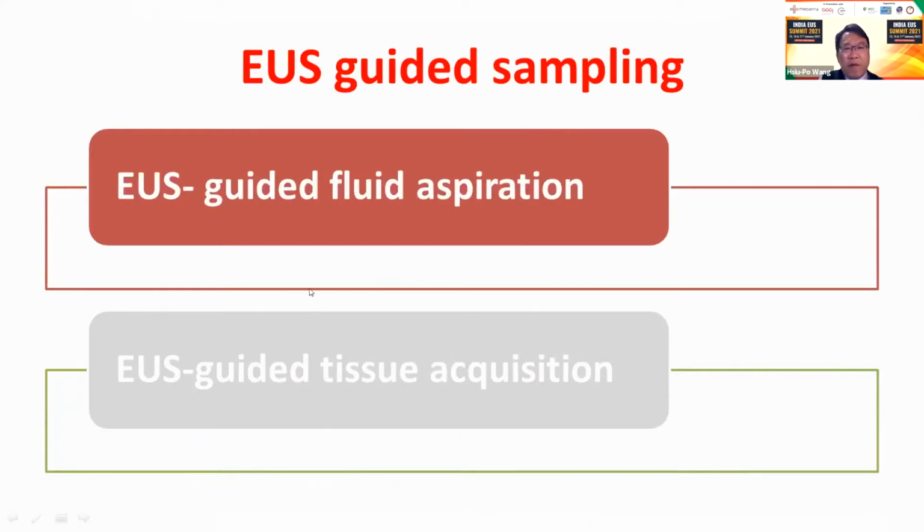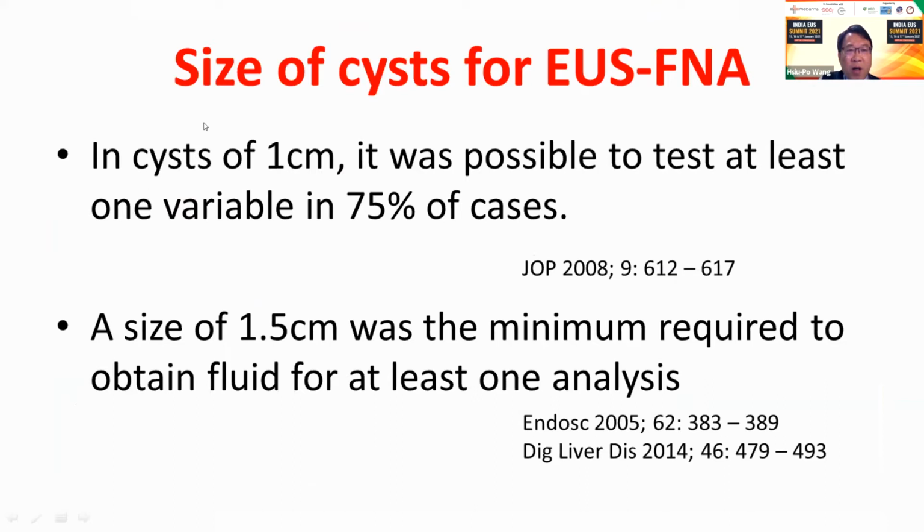So EUS sampling includes fluid aspiration and tissue acquisition. About the fluid aspiration, what is the cyst size suitable for EUS-FNA? One study thinks a 1 centimeter cyst is possible to test at least one variable in 75% of cases. The Italian society suggests 1.5 centimeters is the minimum required to obtain fluid.